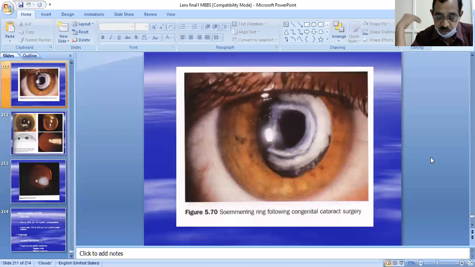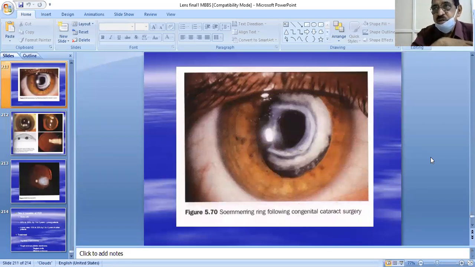And aphakic versus phakic lenses. Aphakic lenses, you know pretty well, are placed immediately after surgery when we remove the cataract and put in an IOL. We have mentioned the different types of IOLs.